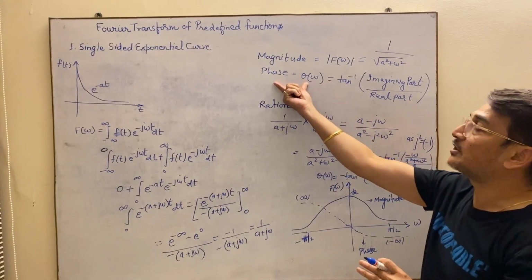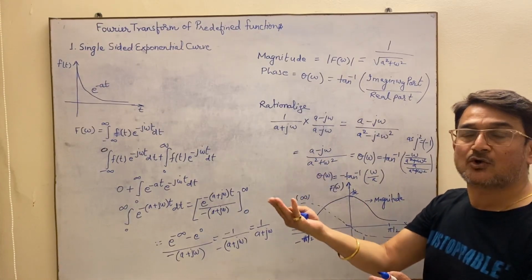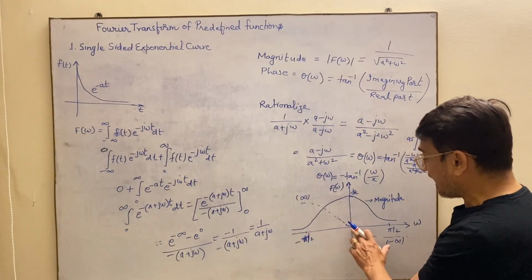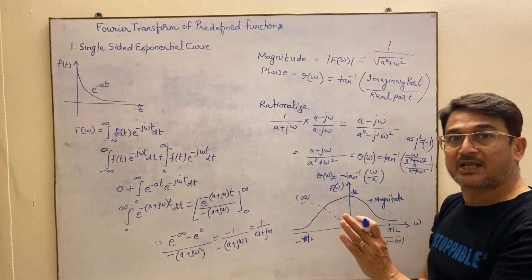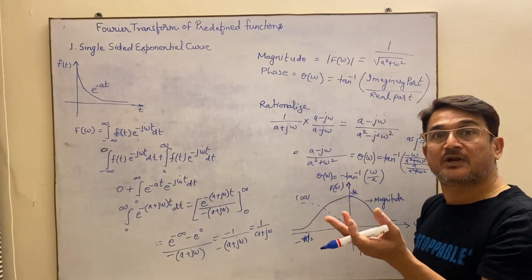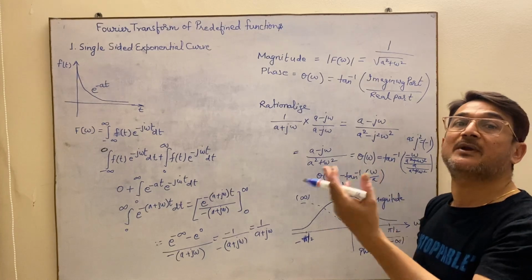Now we will draw the phase. So for phase we will take three angles, 0, 90 degree and minus 90 degree. Tan 0 is 0, so at 0 it is 0. Tan pi by 2 is infinity, but it is having a negative sign, so that means for pi by 2 it will be minus infinity, and for minus pi by 2 it will be plus infinity.